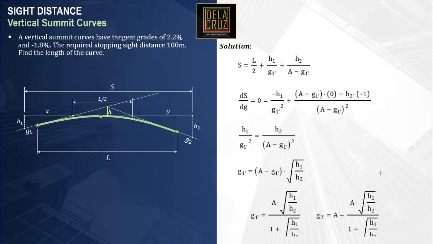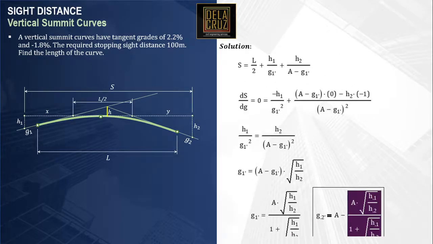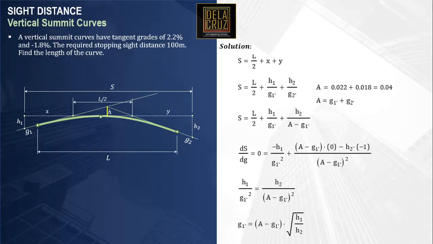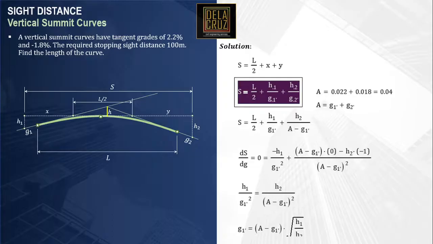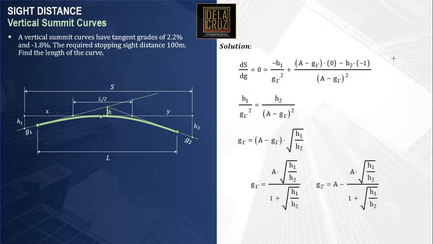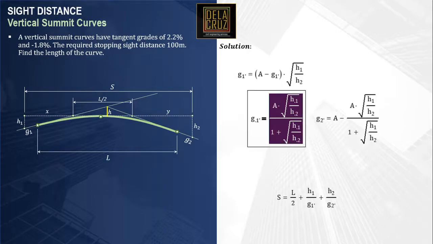Now, we have G1 prime. These are all constant, no? We can now substitute this value to this main equation. Now substituting the values there. G1 prime is this.